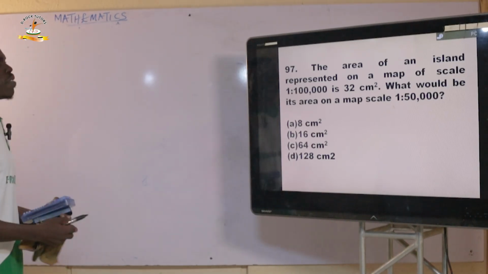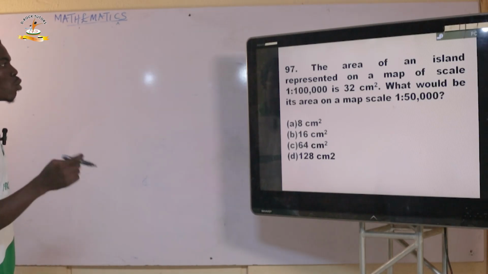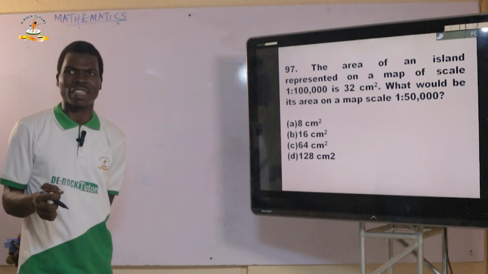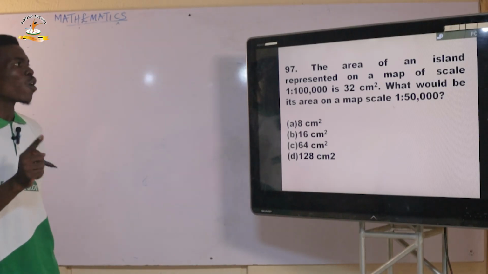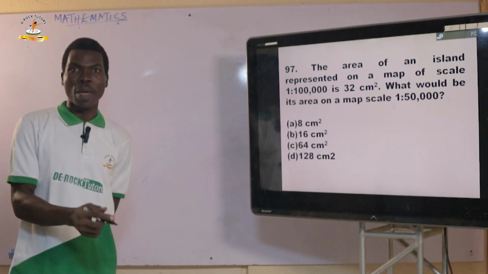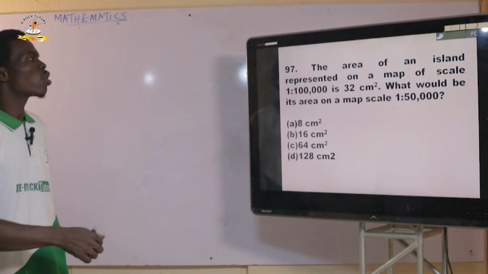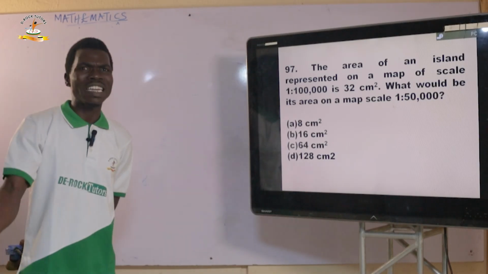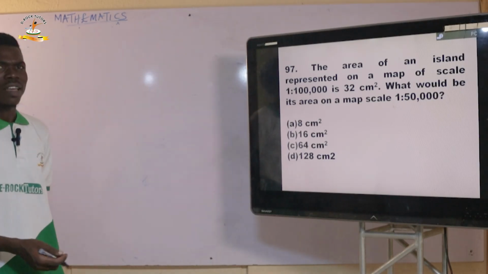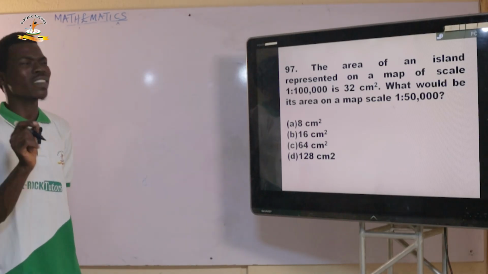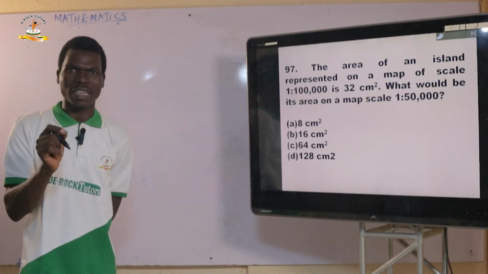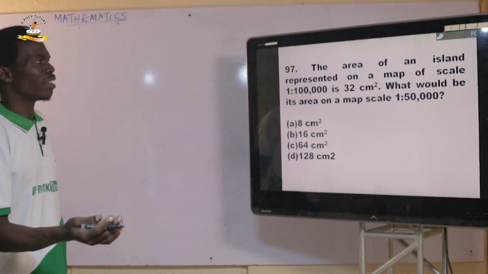So we have that on the map of scale 1 to 100,000 is 32 centimeters square, meaning every 1 you see on the paper is equivalent to what? 100,000 on the land. That's the meaning of this. Every 1 centimeter you see on the paper represents 100,000 centimeters on the land.